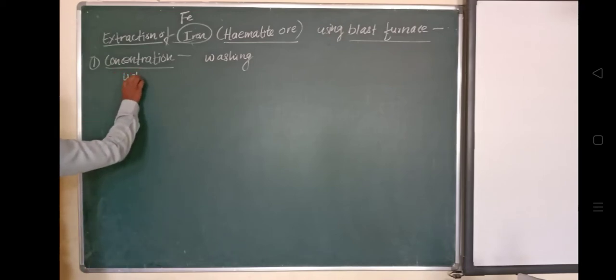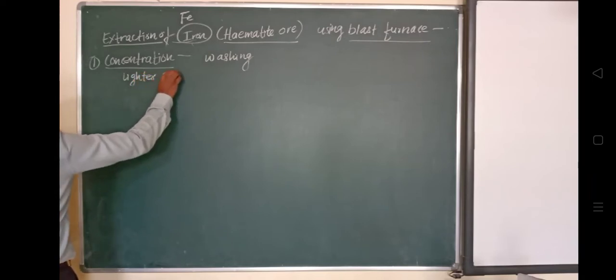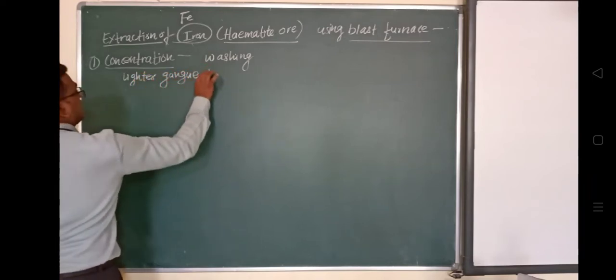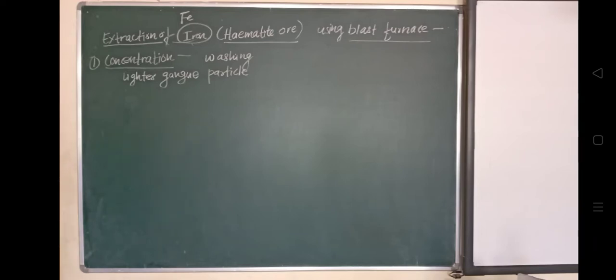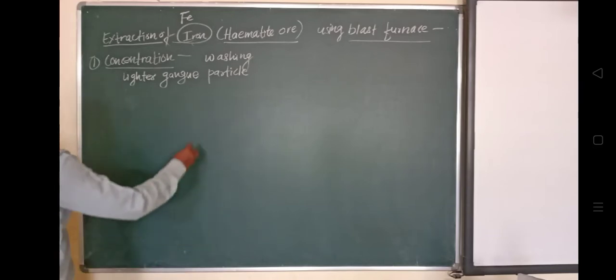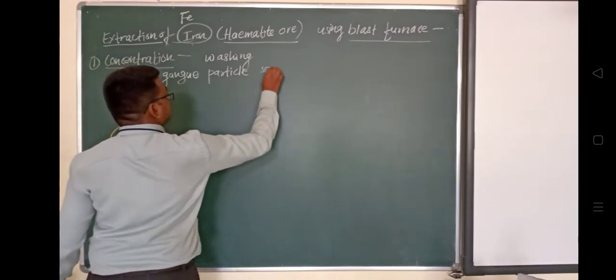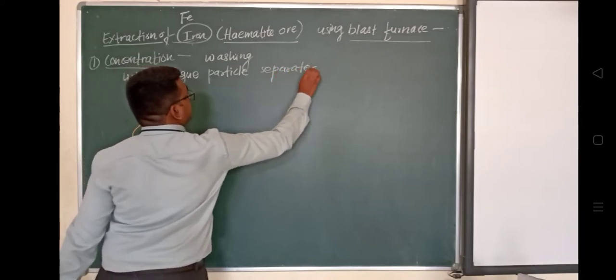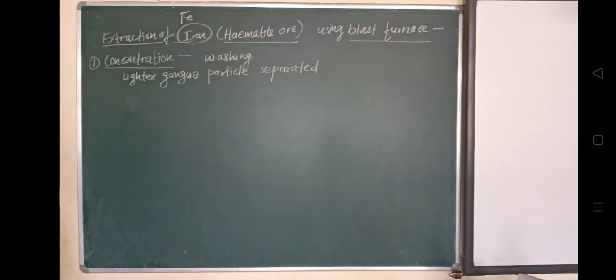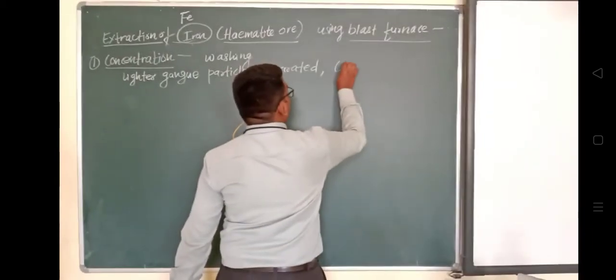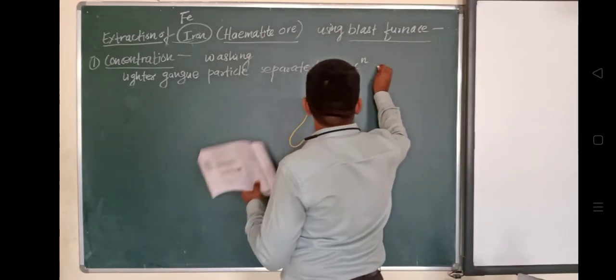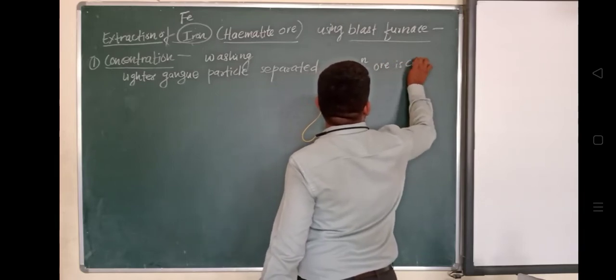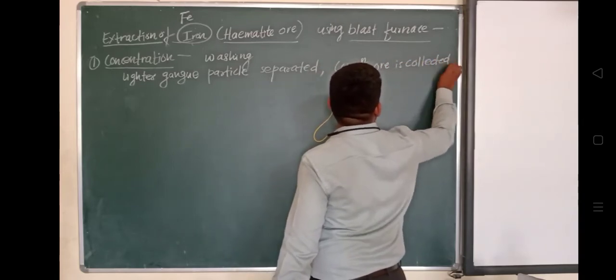Whatever lighter gangue particles, impurities, are present will get separated, and the concentrated ore is collected at the bottom.